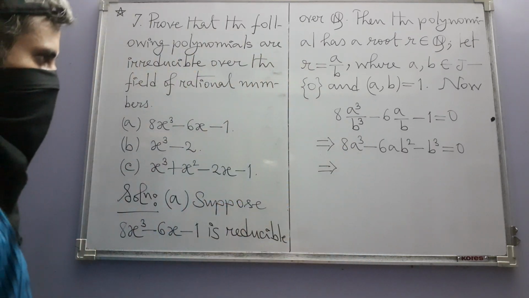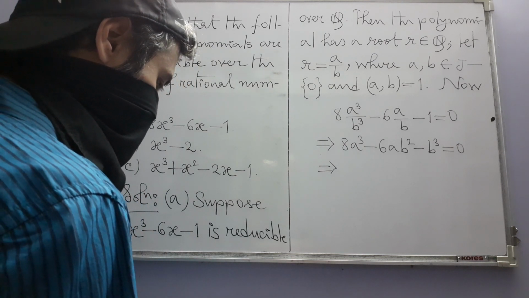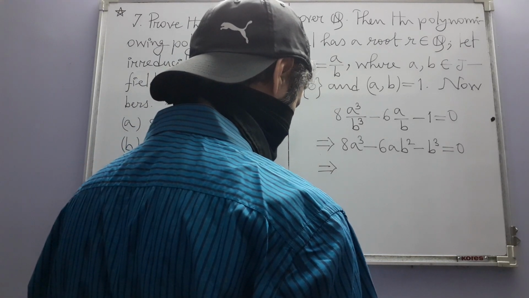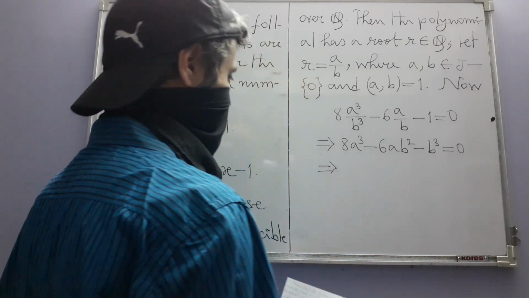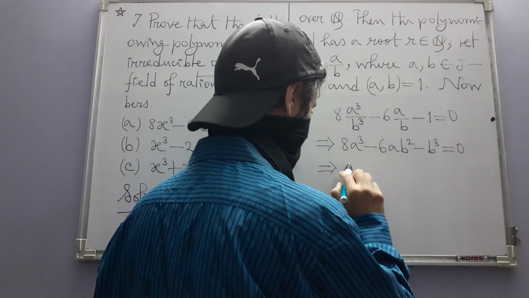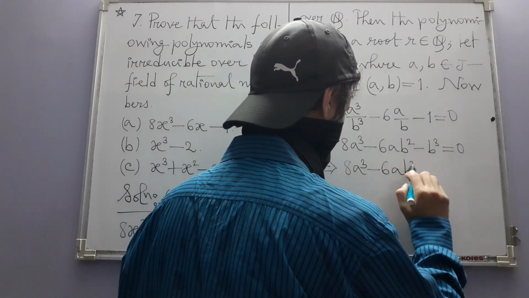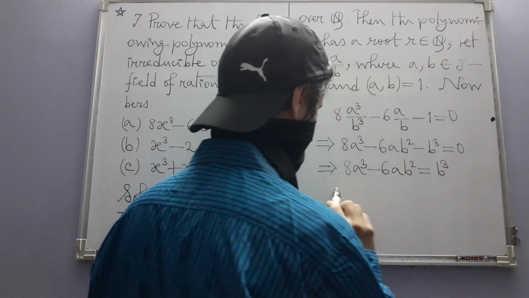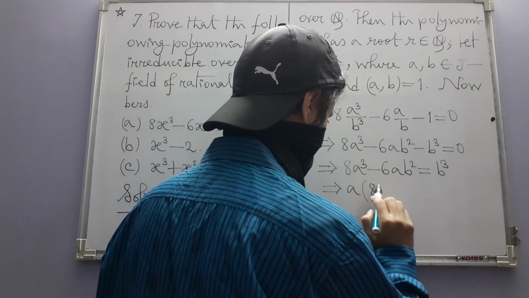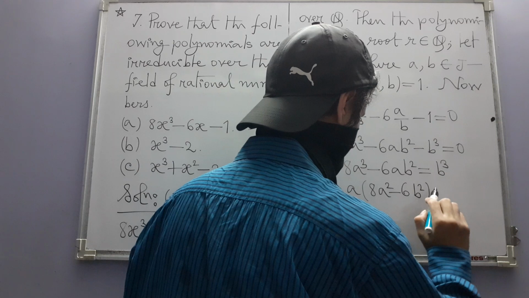Now from this, of course, you can do one of two things, and here what I have done is I have written it in this way. If we take b cube on that side, that means add b cube on both sides, you can then take a common out, so that gives you this.